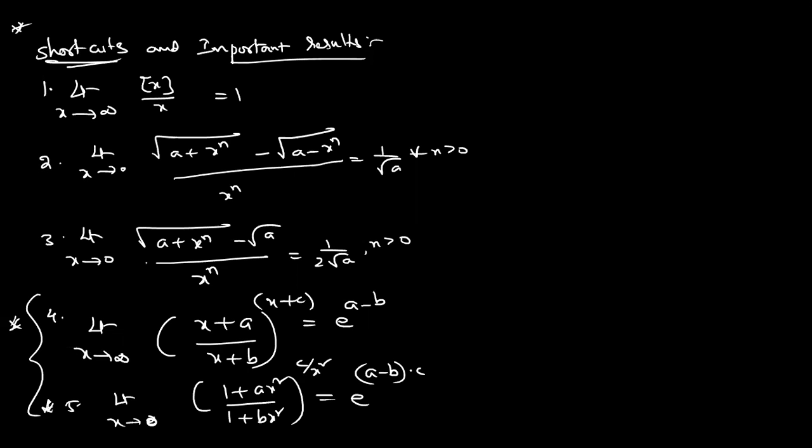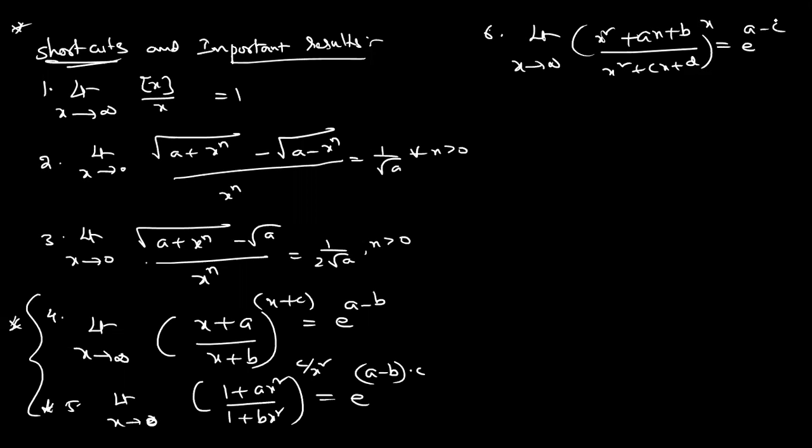Both are in the 1 power infinity format. Limit x tends to infinity of ((x² + ax + b)/(x² + ax + c)) whole power x. Simply, the answer is what here? A minus c.